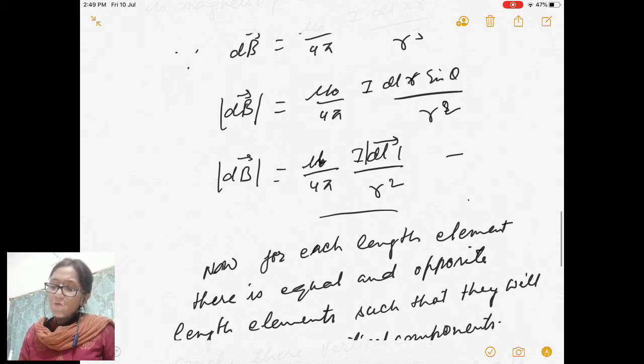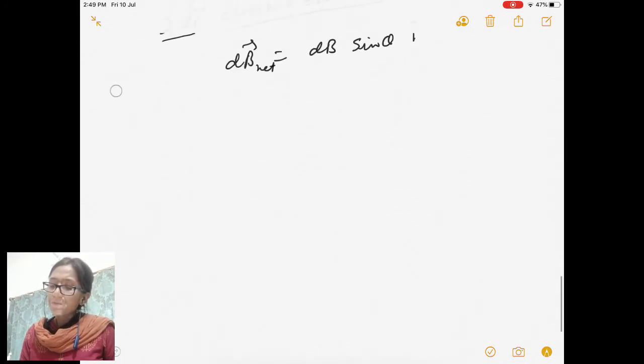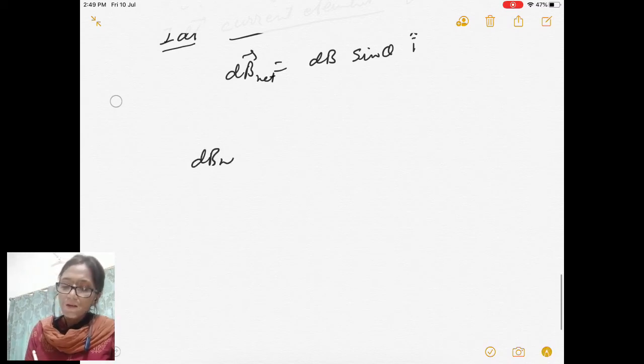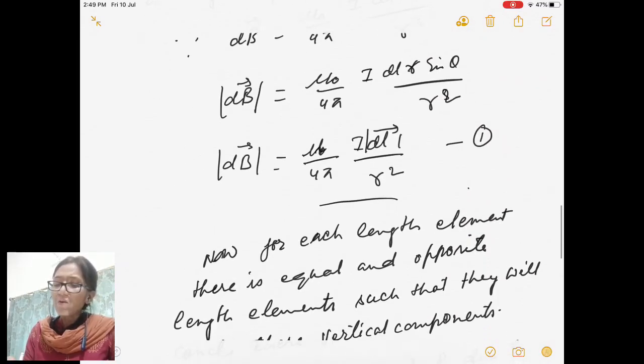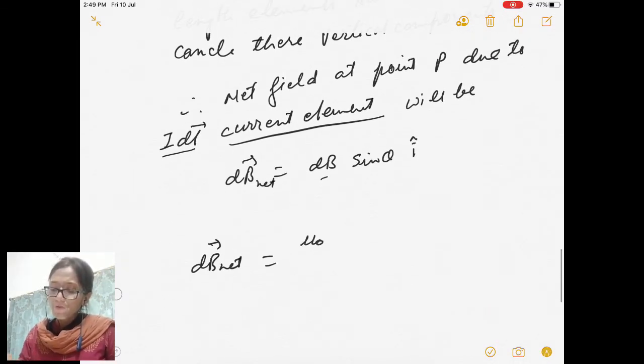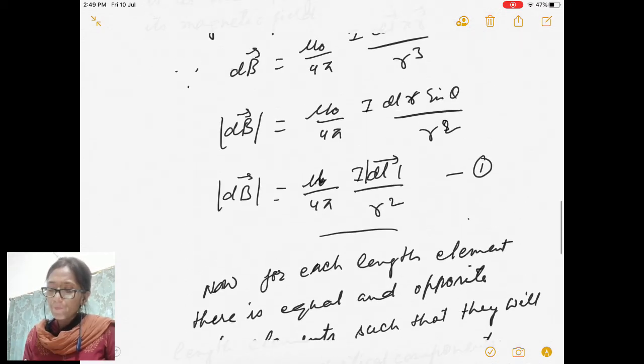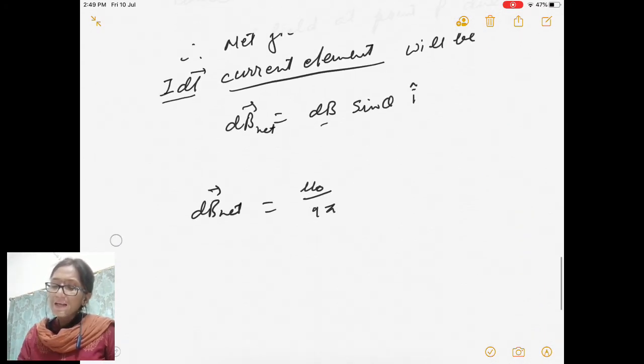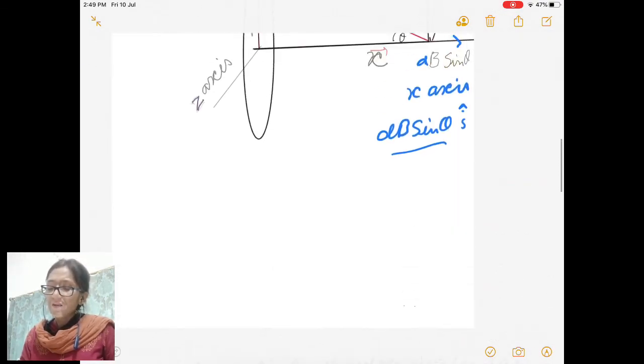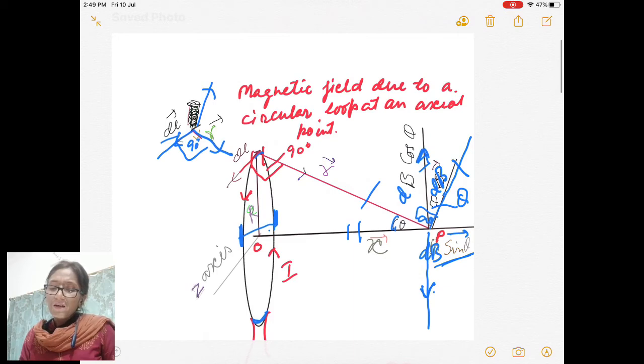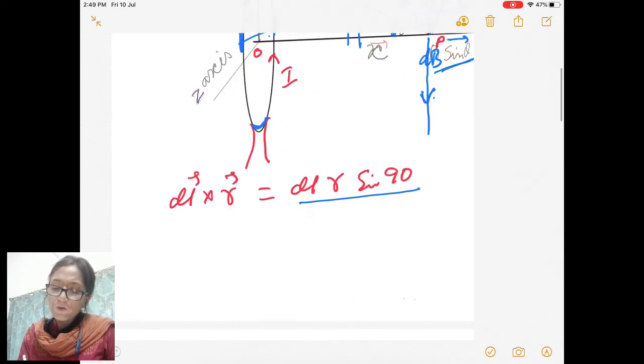So from equation 1, dB net is equal to, let me put the value of dB, mu naught upon 4 pi I dl upon r square and this sin theta. Here I should take a different angle, it should be phi.